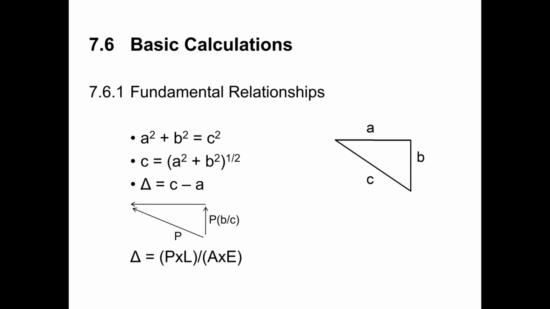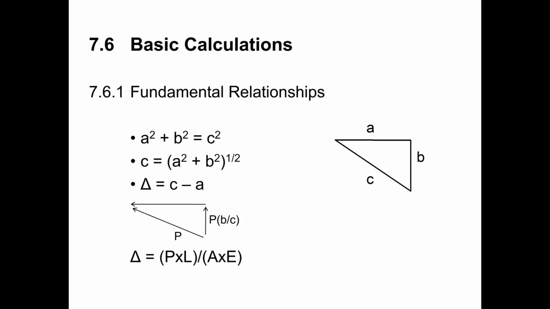All right. So before we get to that first calculation operation, just a quick review. Our basic elongation from Level 2 is P times L over A times E. The P is the force in the strand, L is the length of the strand from chuck to chuck, A is the area of the strand, and E is the modulus of elasticity.